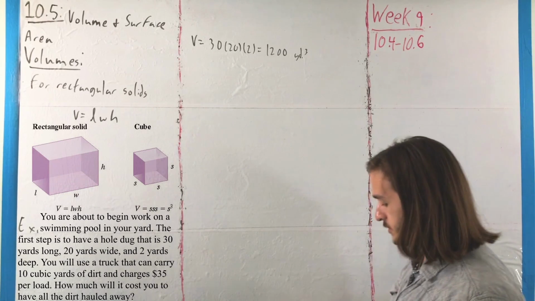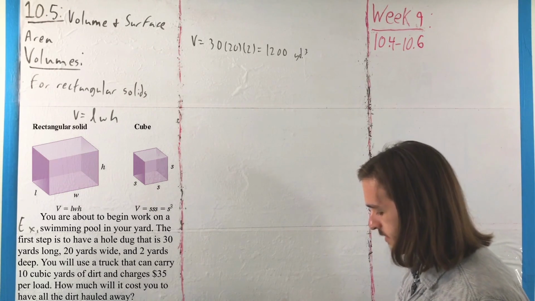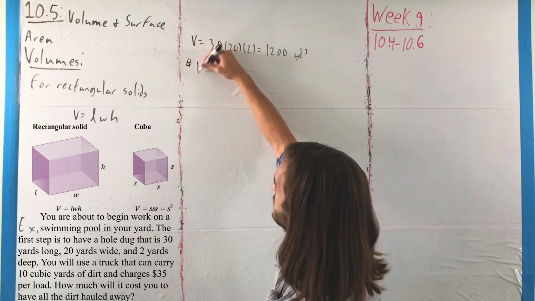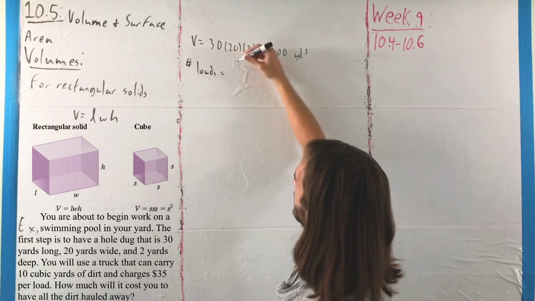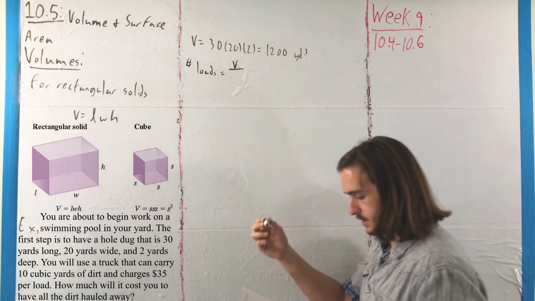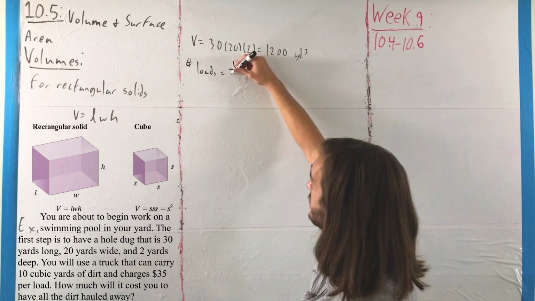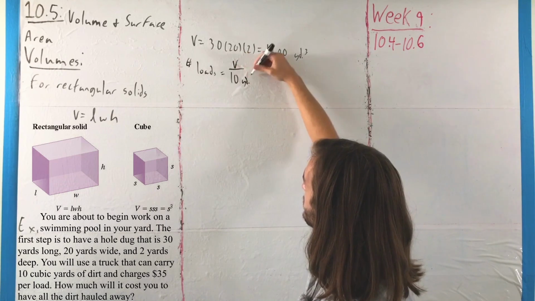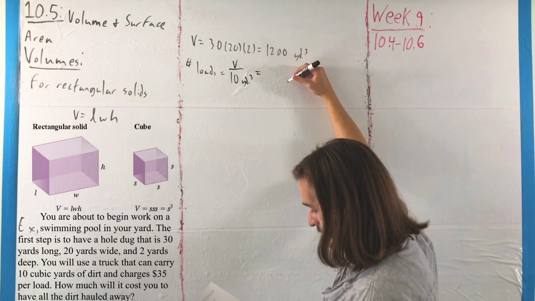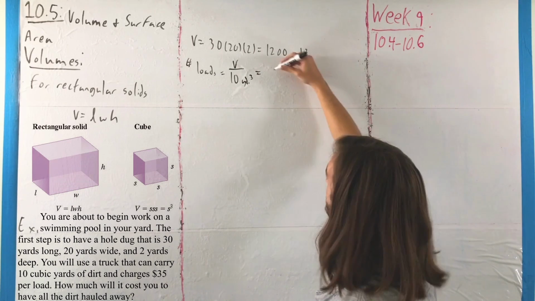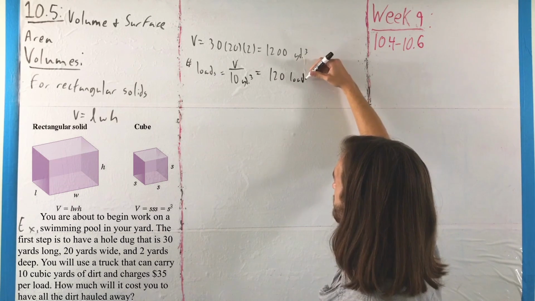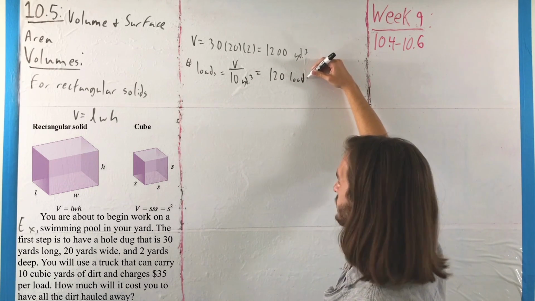Anyway, once we have our volume here, we can talk about how many loads this will take, where the number of loads is going to end up being the volume divided by the amount per load, where in each load we have 10 cubic yards taken up as given there. So the number of loads here will end up being 120 of them, because, well, 1,200 over 10 is 120.